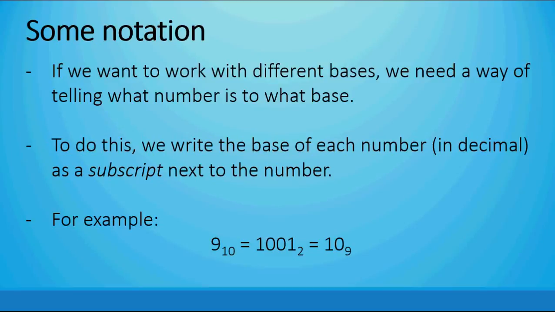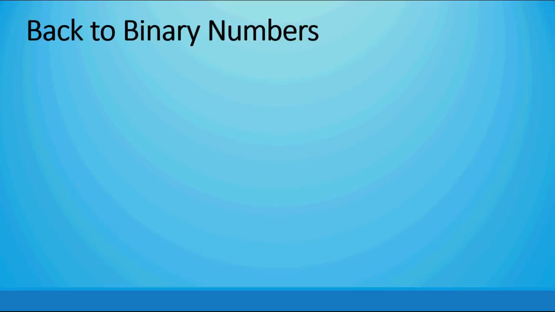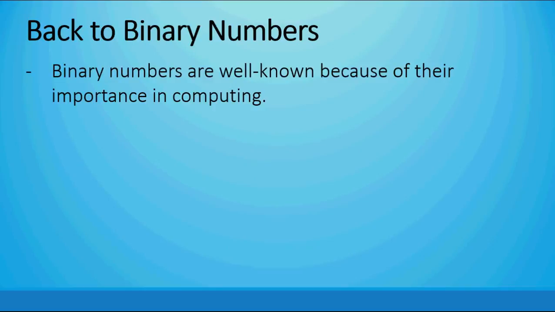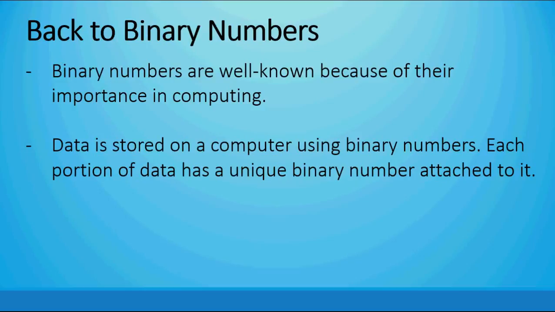Now let's get back to binary numbers. As I said at the start of this video, you've probably heard of them. The reason you've heard of them is because of how important they are in computing. They are essentially the fundamental building blocks to how computers work. Now, I do not pretend to be an expert in the inner workings of computers, so what I am about to say may be slightly wrong or inaccurate, but as I understand it, each portion of data has a unique address, and the address is a binary code.